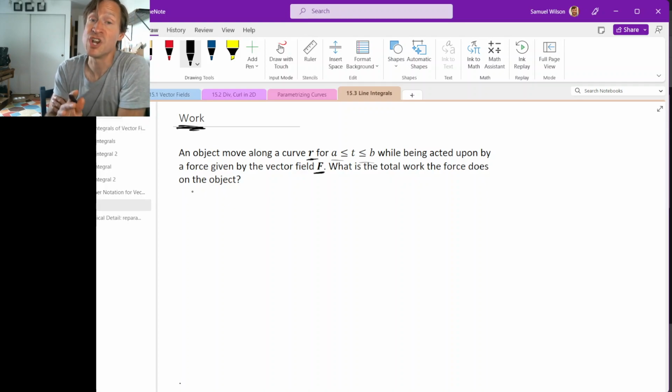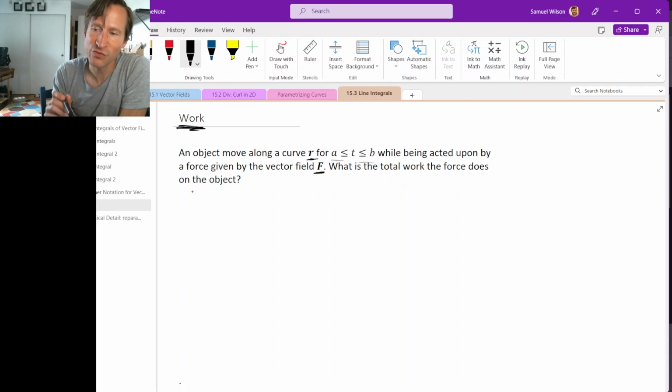Now, one thing we are not assuming is that the force is causing the motion of the object. The object is moving on rails along some path for some reason, and one of the things causing it to move, I guess, is the force, and we're just computing the force, right?